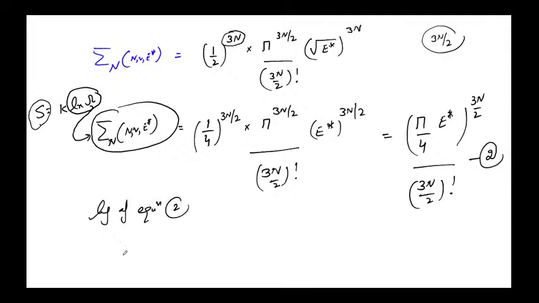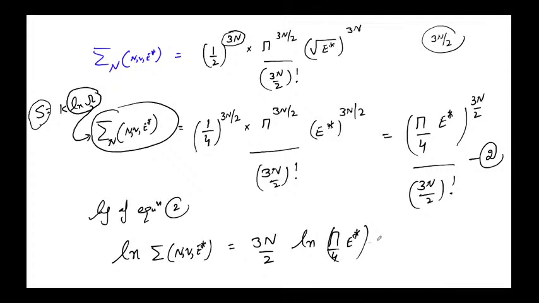We can write log of sigma of N, V, E star, that is 3N by 2, so the powers come in the beginning: log of pi by 4 E star, minus log of 3N by 2 factorial.